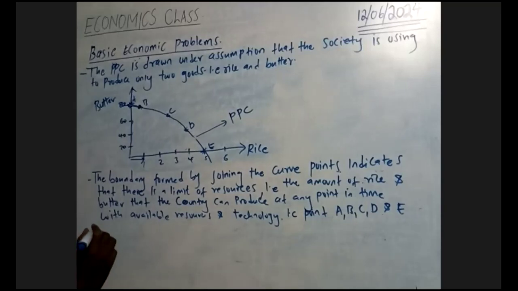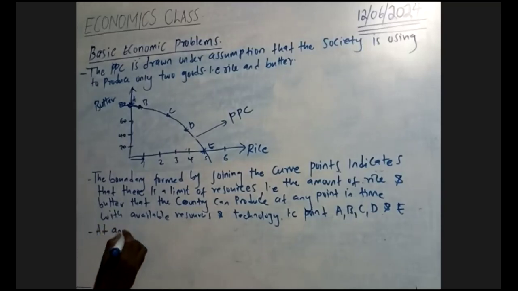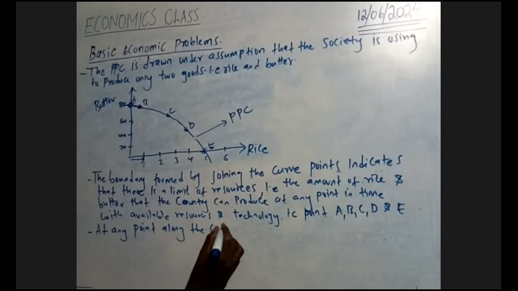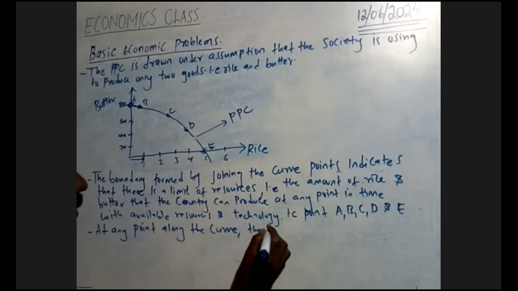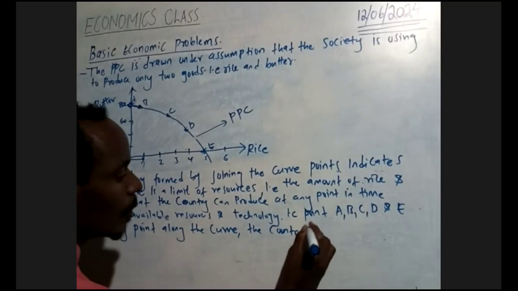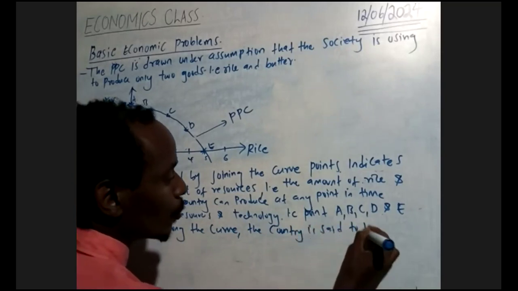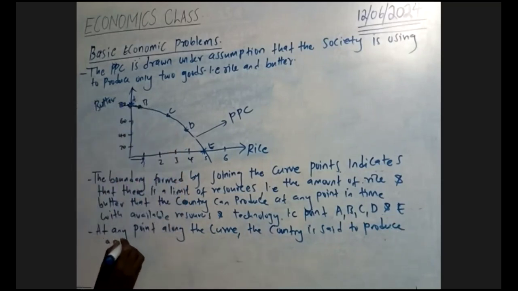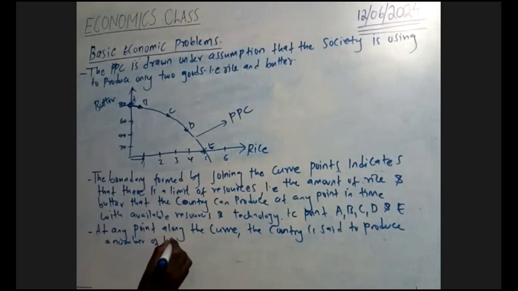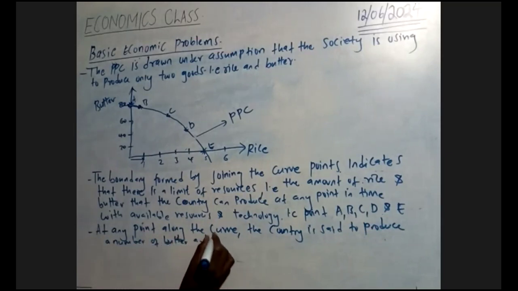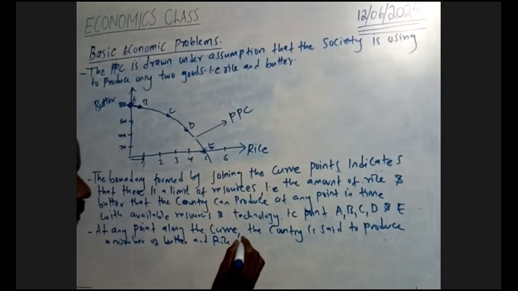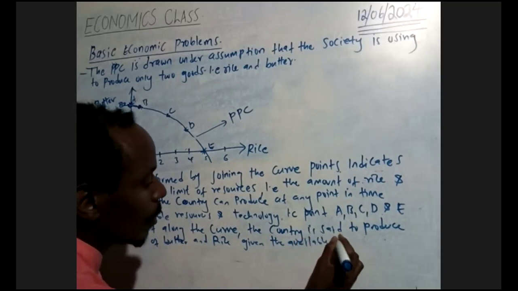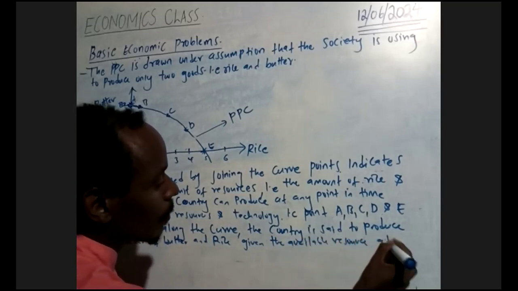So you can also say at any point along the curve, the country is said to produce a number of butter and rice given the available resources at an optimal level.